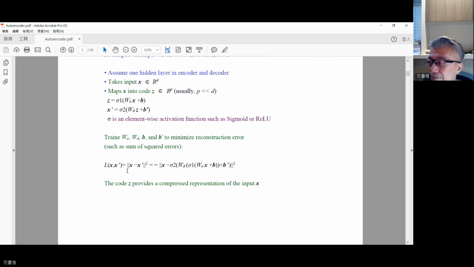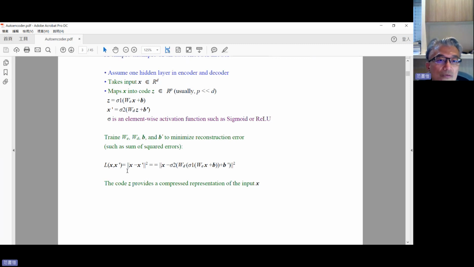The error vector times its transpose, the inner product, is the squared distance: x minus sigma 2 of the decoder with input W_D, z equal to sigma 1 of W_E x plus b, plus the bias vector b prime in the decoder structure.